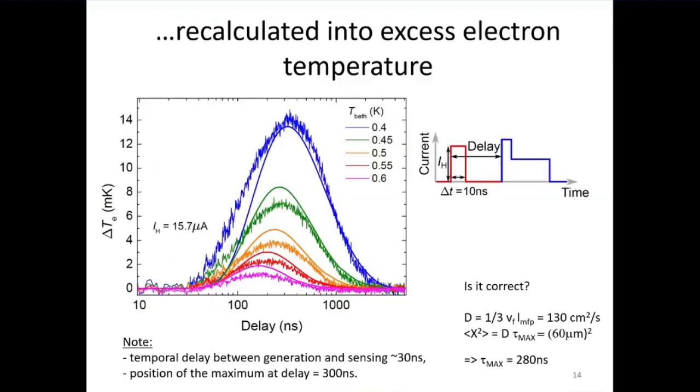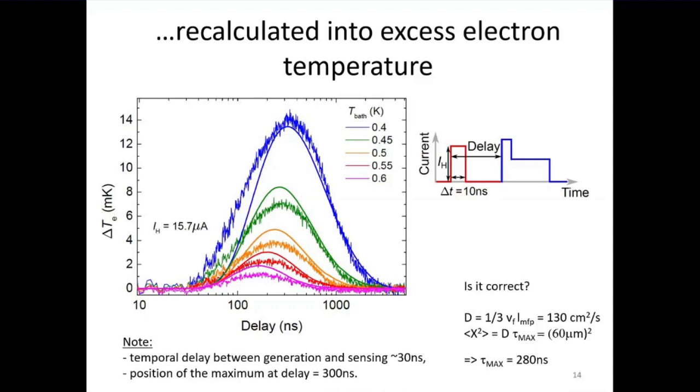And we can now recalculate this profile into temperature. This is this blue curve. You see that this corresponds to an increase of temperature of 14 millikelvin at the base temperature of 400 millikelvin. And now we can check whether this is the expected time. If we compare with the Einstein-Smoluchowski law of diffusion, the average squared distance is just the time of arrival of this maximum multiplied by the diffusion.